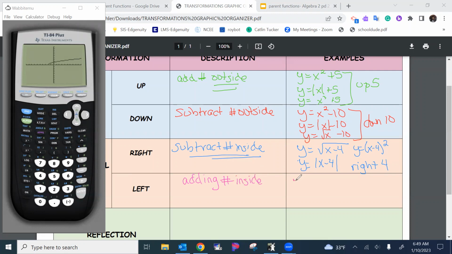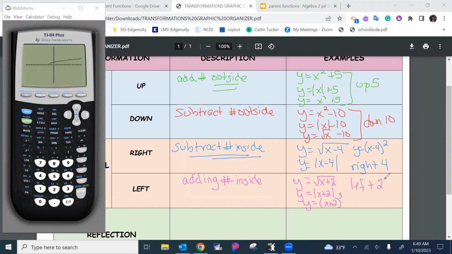Okay, and again, for examples, we could do the absolute value of x, or the square root of x plus 2. We could do the absolute value of x plus 2. You could do parentheses x plus 2, all of that raised to the third power. All of this would move things to the left 2 spaces.